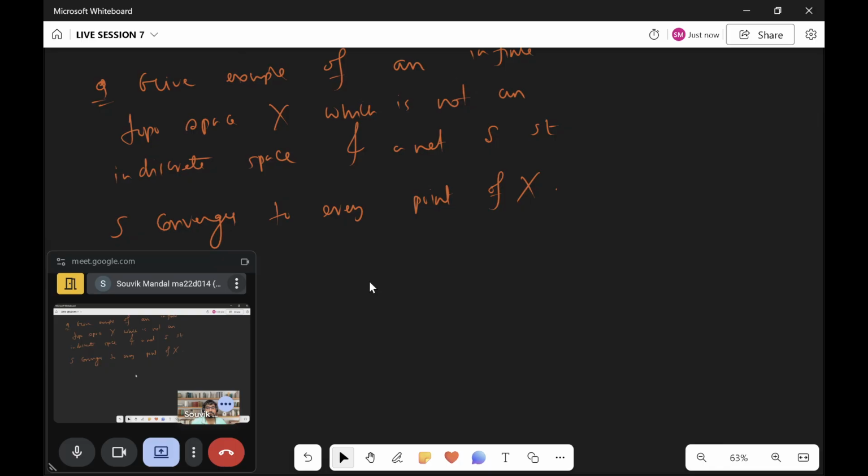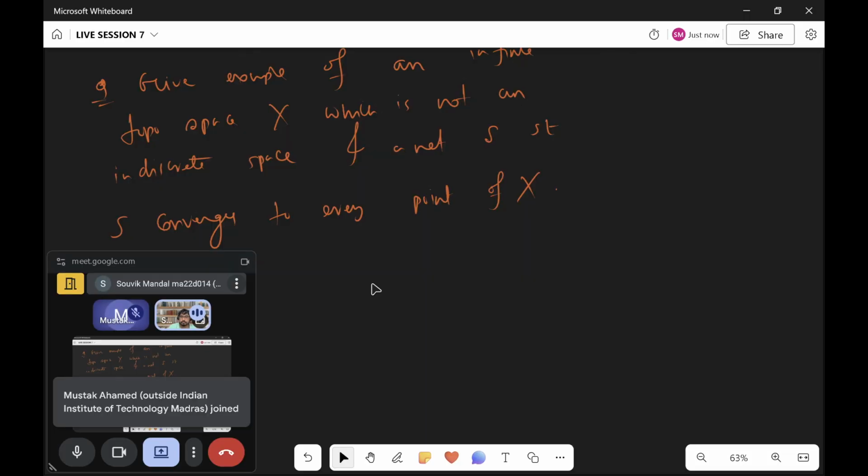Take your time, think about it. Let me know. So you need to find an infinite space which is not an indiscrete space and S converges to; basically you need to find some space where any sequence converges to any point.